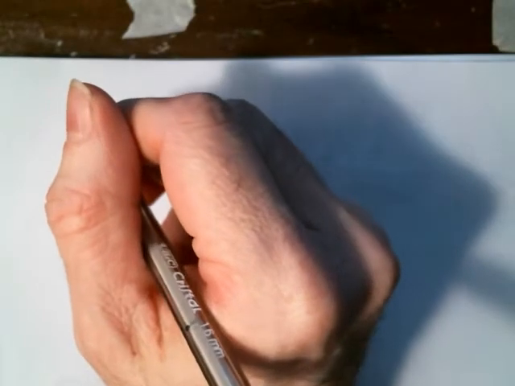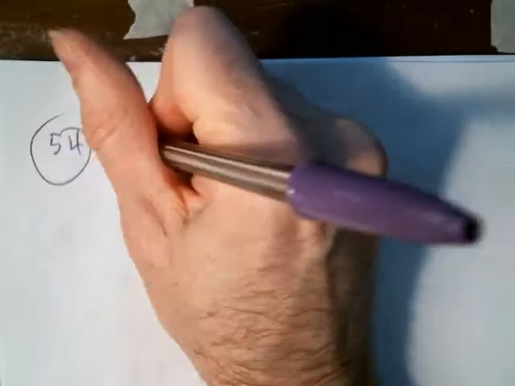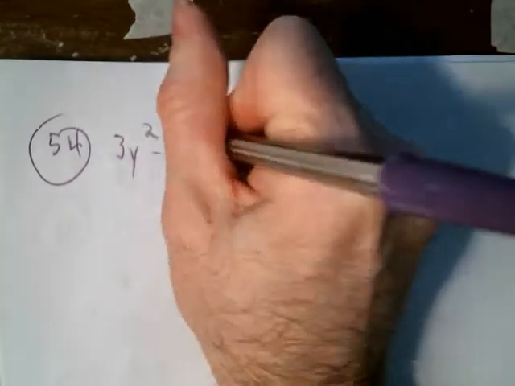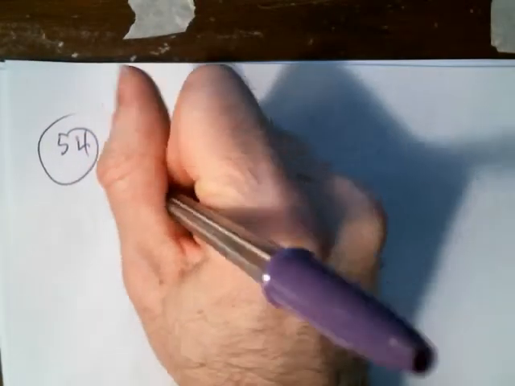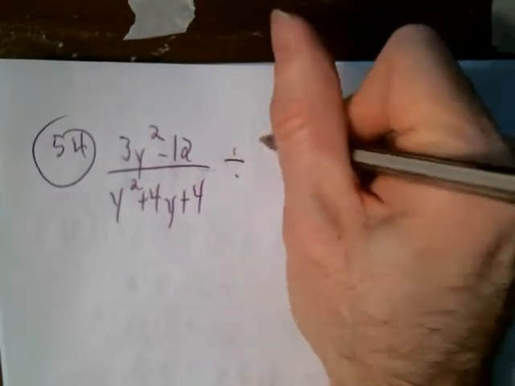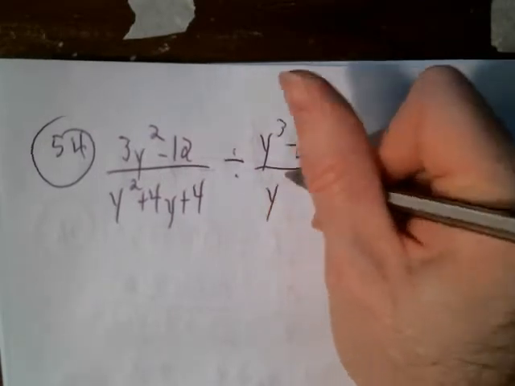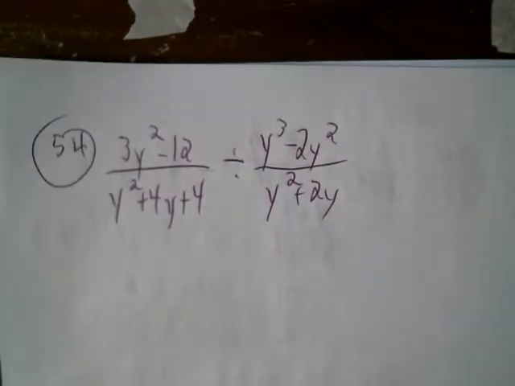One more. What do we got? 54. 3y squared minus 12 all over y squared plus 4y plus 4 divided by y cubed minus 2y squared all over y squared plus 2y.